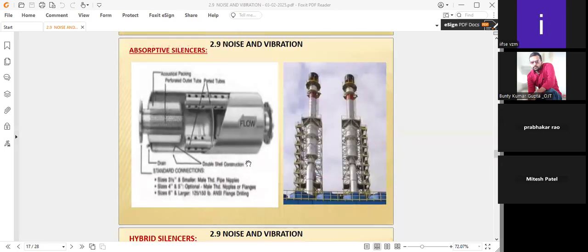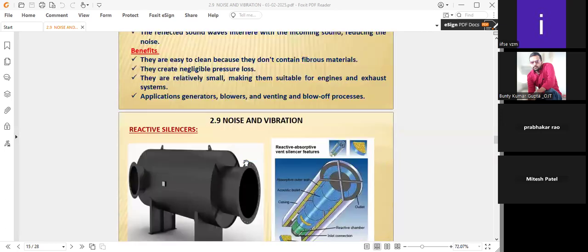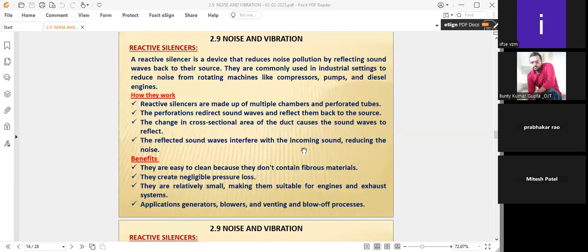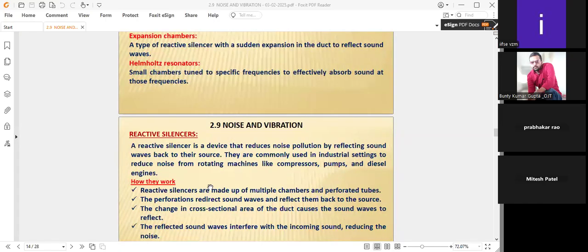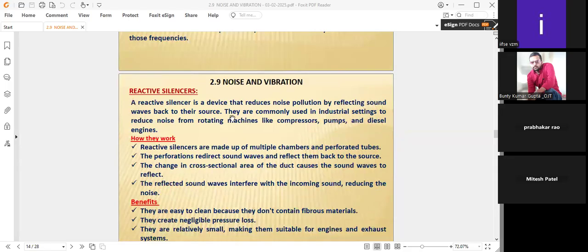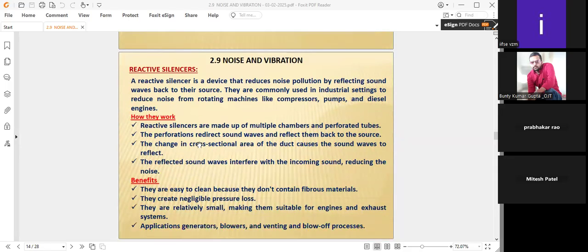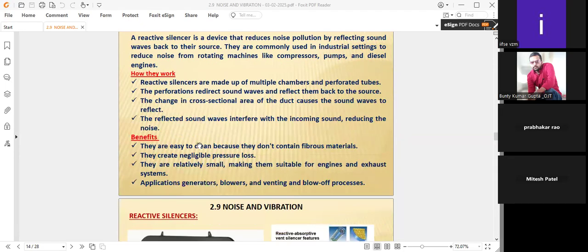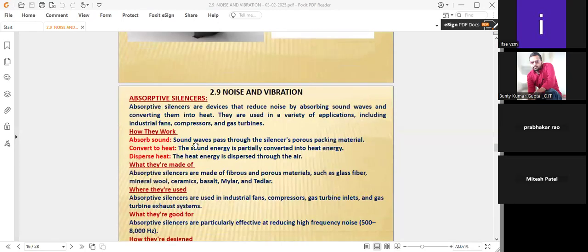Absorption means absorbing the noise waves and releasing heat, while reactive means sending them back to the source.